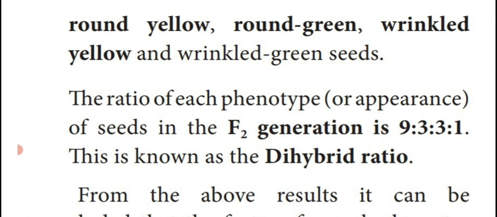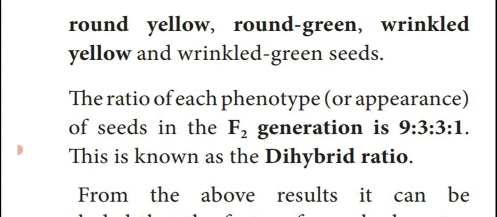But due to this dihybridization process, we get the different shapes and colors. First, round yellow is the original one. Next, round green is the hybrid. Then wrinkled yellow is also a hybrid one. And wrinkled green is the normal recessive parent.